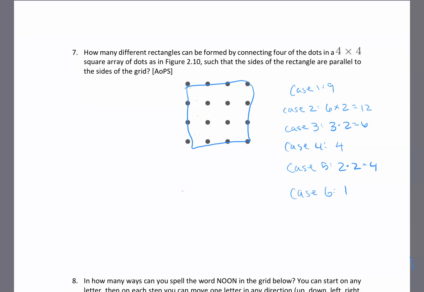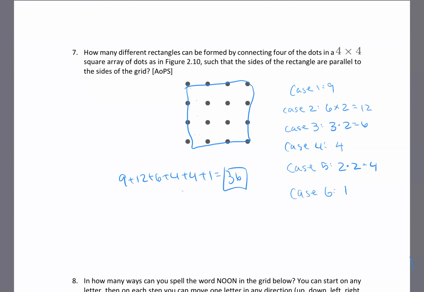So when you add them up, let's see, 9 plus 12 plus 6 plus 4 plus 4 plus 1 equals 36. So there's 36 total rectangles.